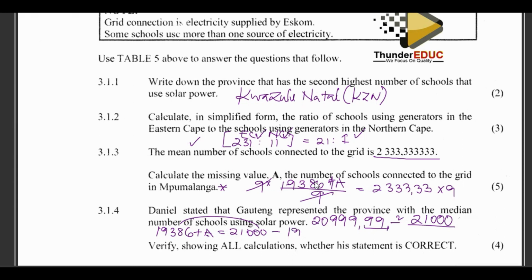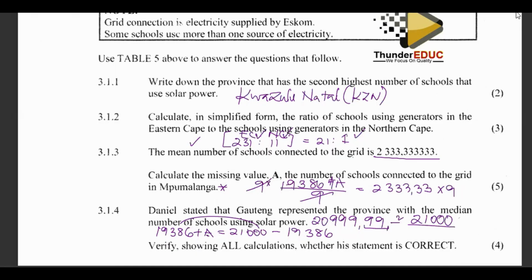We shall minus. So it becomes 21,000 minus 19,386.